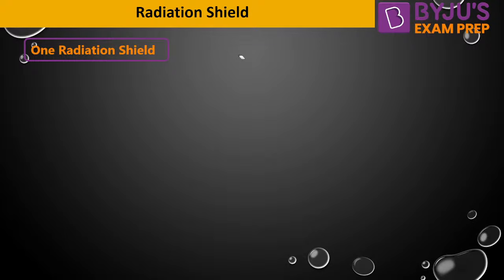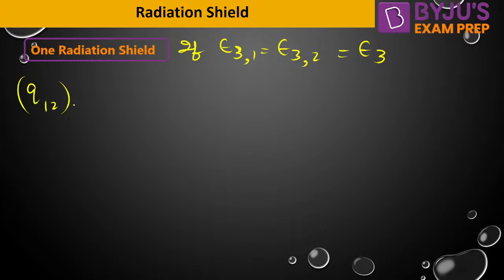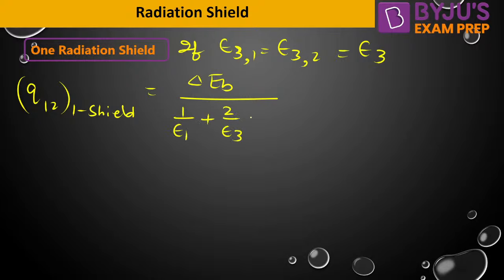So if emissivity 3,1 is equal to emissivity 3,2 is equal to emissivity 3, then the expression for Q12 with one shield will modify as delta EB upon 1 upon epsilon 1 plus 2 by epsilon 3 plus 1 upon epsilon 2 minus 2.